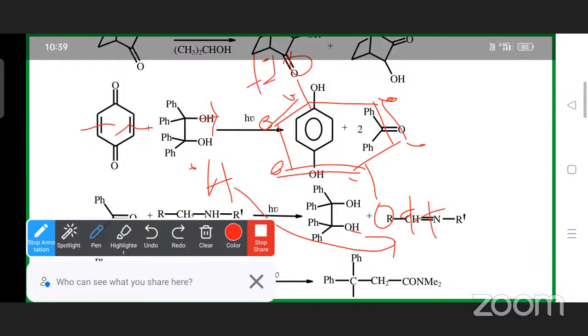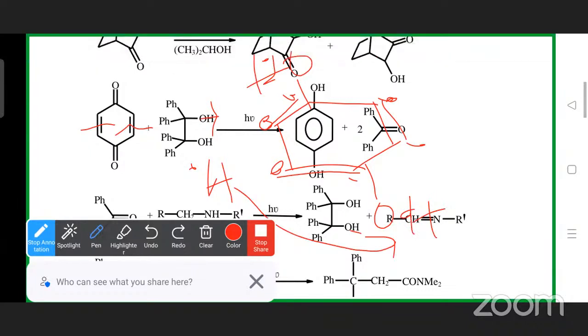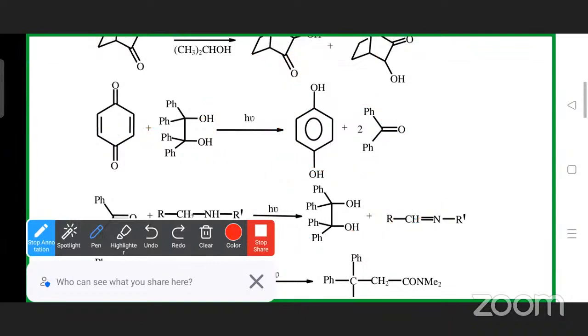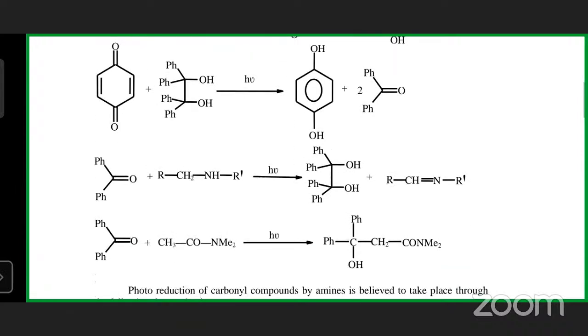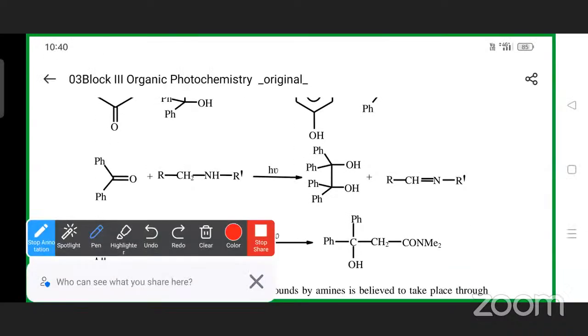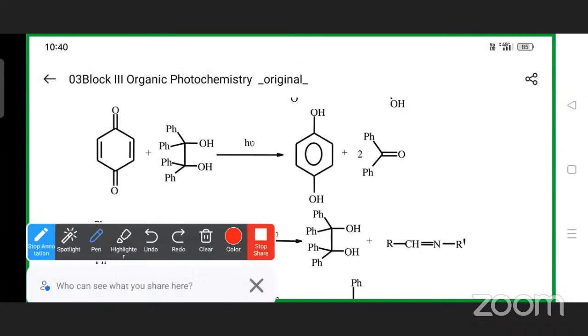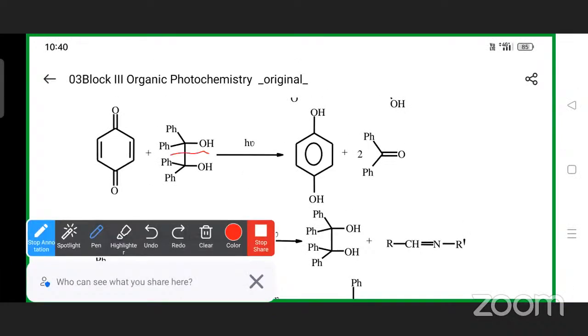So like that we are getting this dihydroxybenzene. So benzopinacol is converting into 2 moles of benzophenone here. This bond undergoes homolytic cleavage, and you will get 2 moles of benzophenone here.